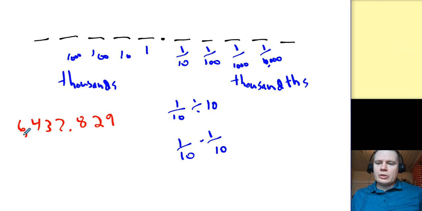The units here are 6,000s, 400s, 3 tens, 7 ones, 8 tenths, 2 hundredths, 9 thousandths. So I can write that in sort of semi-expanded form.